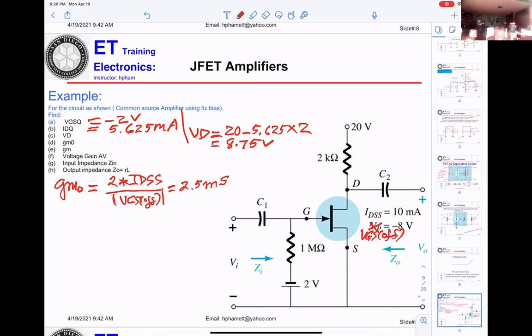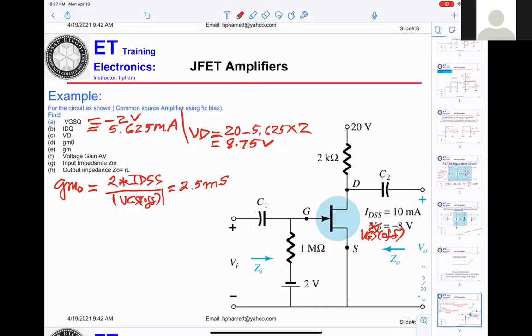Is it milli Siemens? I think it's millisiemens, because the IDSS is in milliamps.